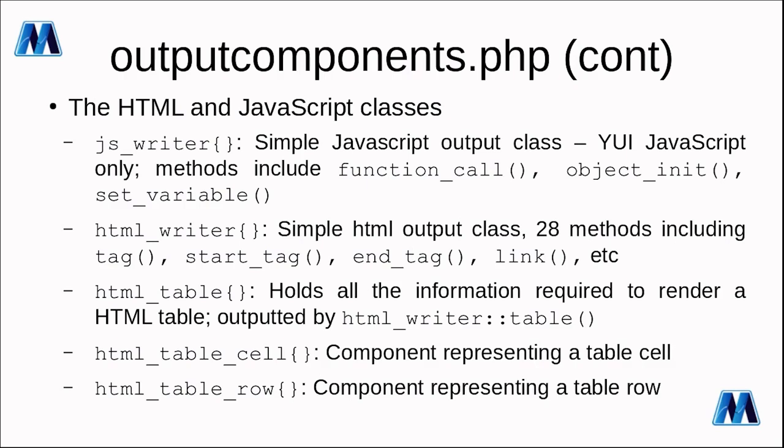Very useful class. The HTML table, which is actually kind of part of that HTML writer, holds information required to render an HTML table. And then connected to that as well is the table cell, which represents a table cell, and the table row represents a table row. And it's really quite flexible.